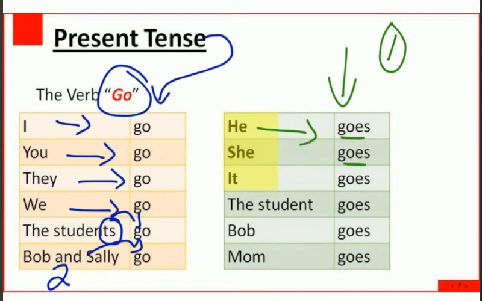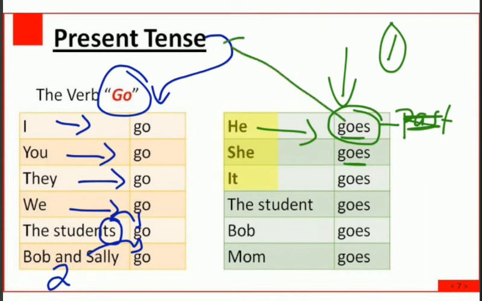Now, a lot of students were looking at this word goes and saying, oh, that's the past. But it's not the past. It is still the present tense. She goes. It goes. When we have only one person doing it, we're going to say goes, not go.